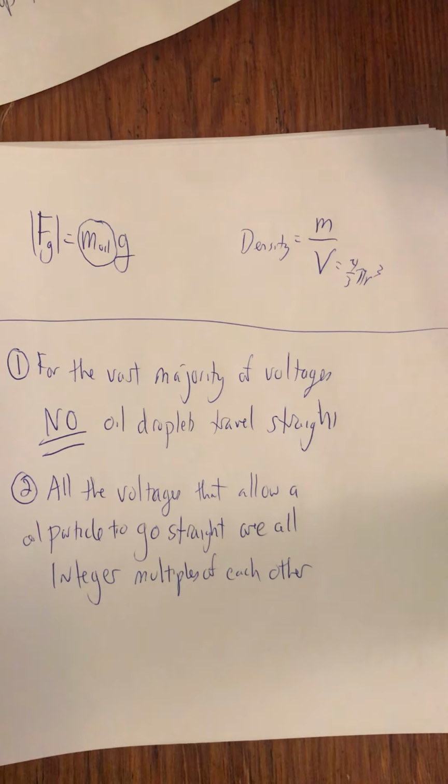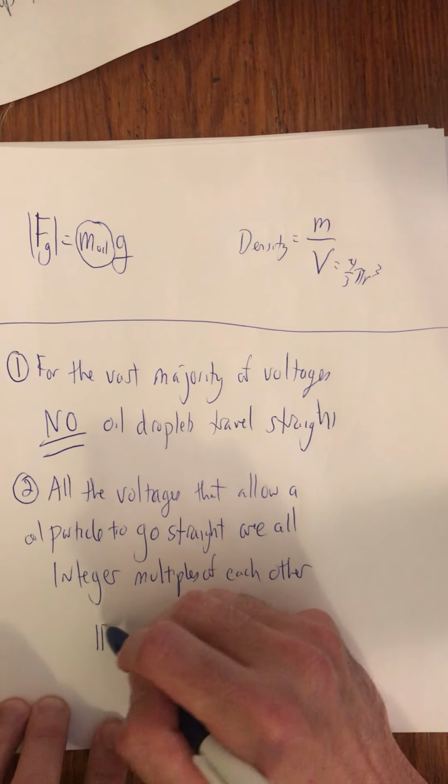And like I said, you do this hundreds, if not thousands of times, and all these voltages are exactly integer multiples of each other. Because let's look at what's happening there.